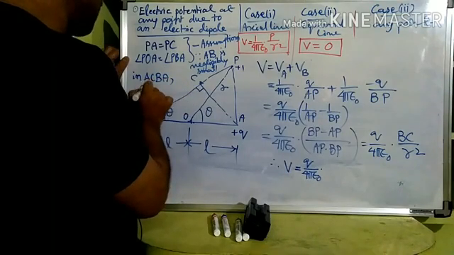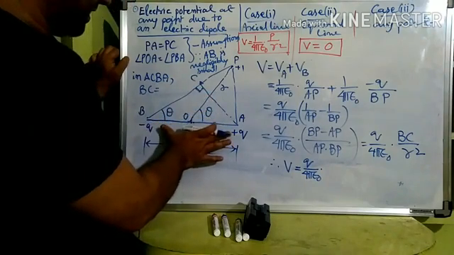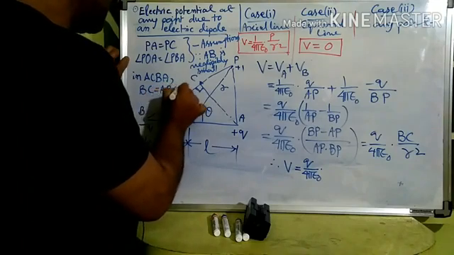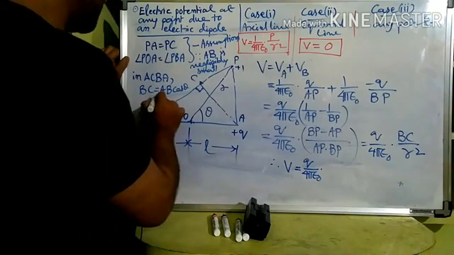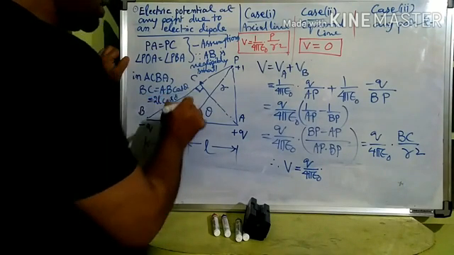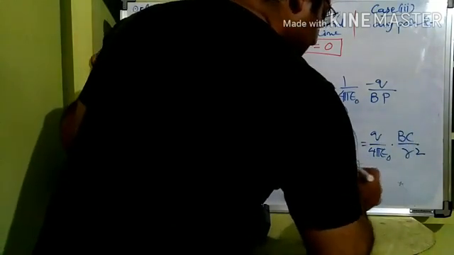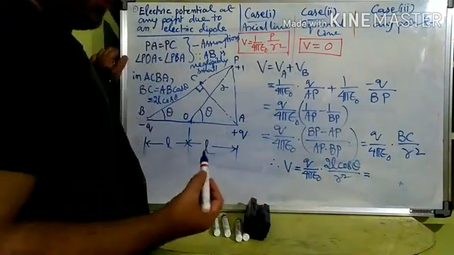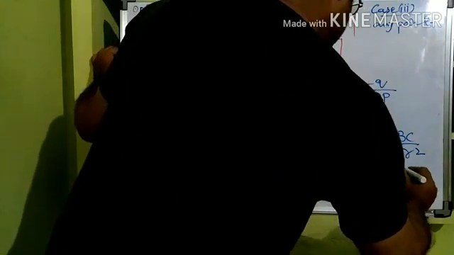Since this is a right angle triangle, BC is AB cos theta, where AB is equal to 2L, since AP is L plus L. So BC is 2L cos theta, divided by R square. Now 2LQ is equal to the dipole moment P. So this becomes 1 by 4 pi epsilon naught P by R square.